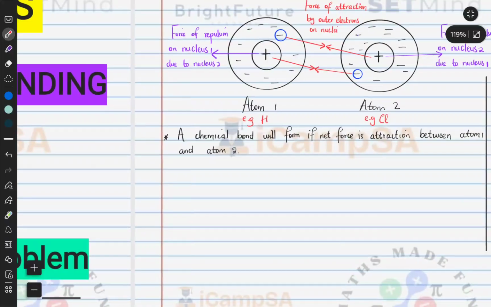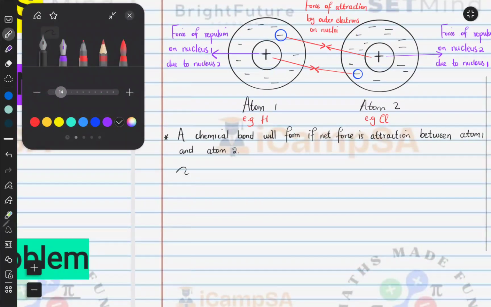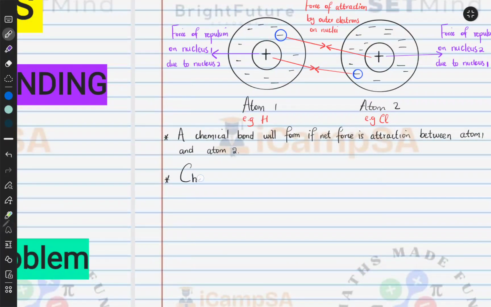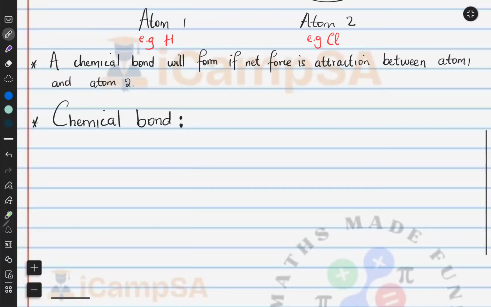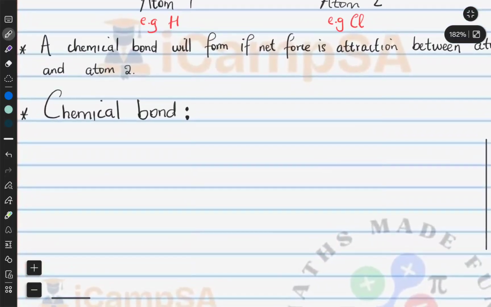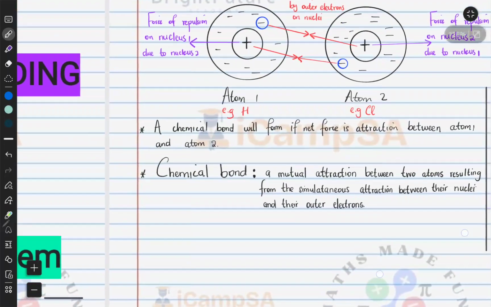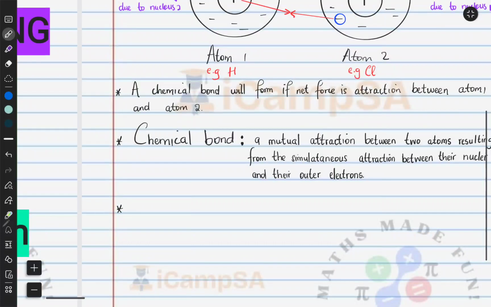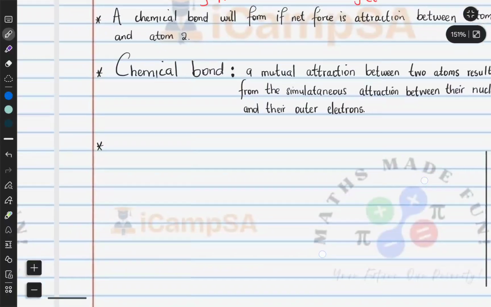Okay, so now we define what a chemical bond is. So a chemical bond is a mutual attraction between two atoms resulting from the simultaneous attraction between their nuclei and the outer electrons, right? As I've already stated, I think for the third time now. So now let's write it here. All right, so remember, we also said that a chemical bond is also known as the interatomic force or interatomic bond, right?